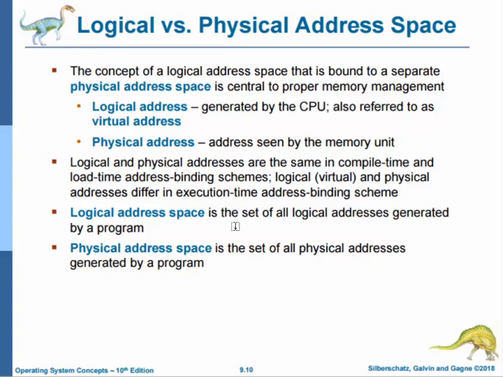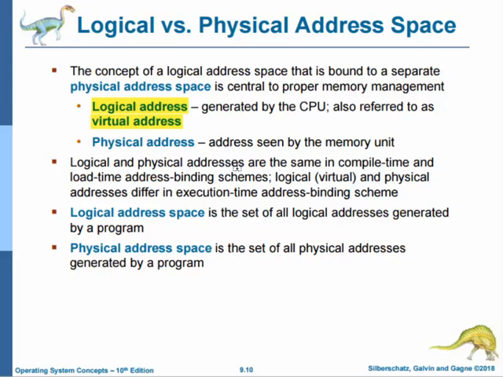Okay, these are some terms that we need to understand, which will be covered here. The address generated by the CPU is commonly referred to as the logical address. Remember that, okay? That's the address generated by the CPU. It's also called the virtual address.